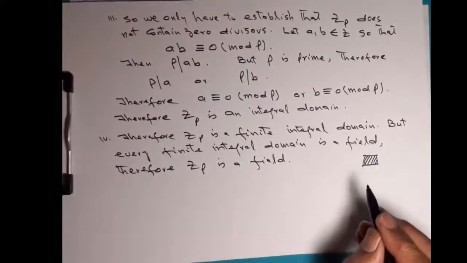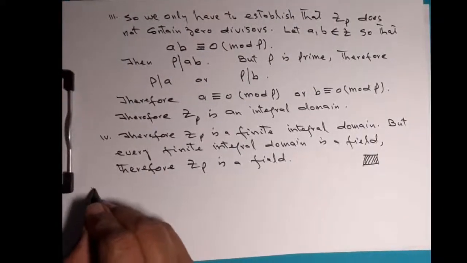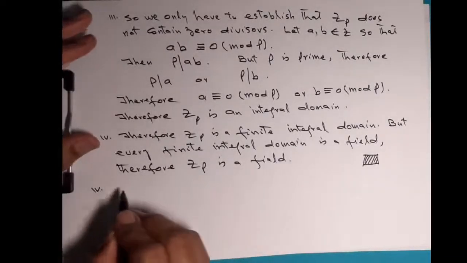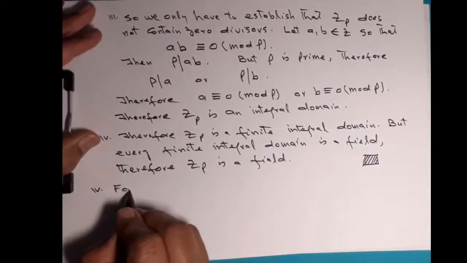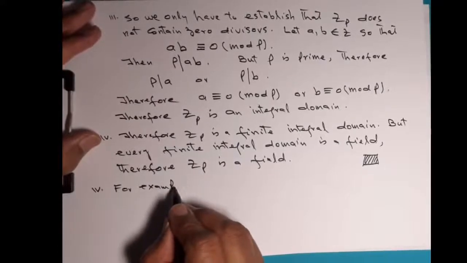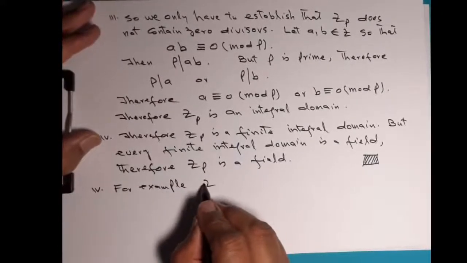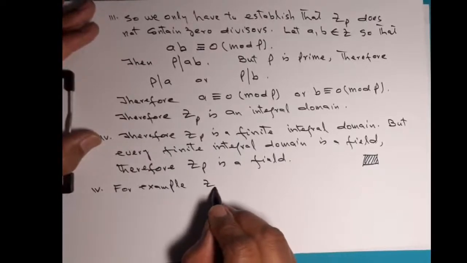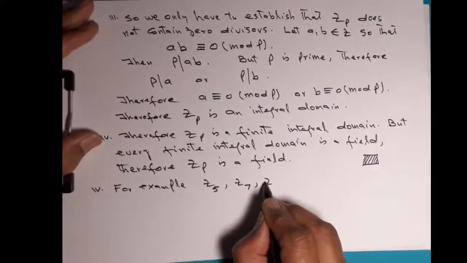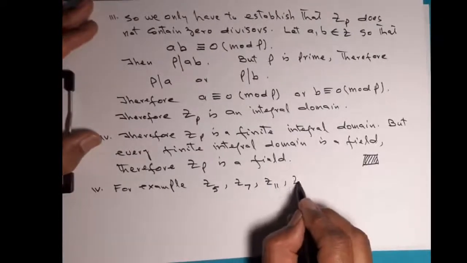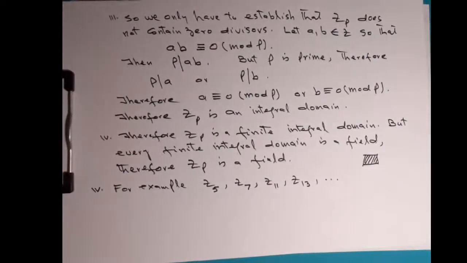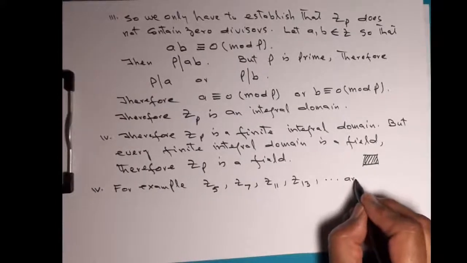Let's just note this thing. What we are saying is that a finite integral domain is a field. For example, Z5, Z7, Z11, Z13, all these are finite and all these are integral domains.